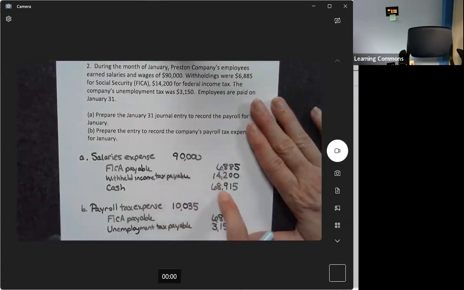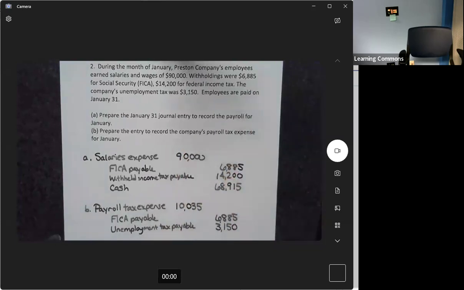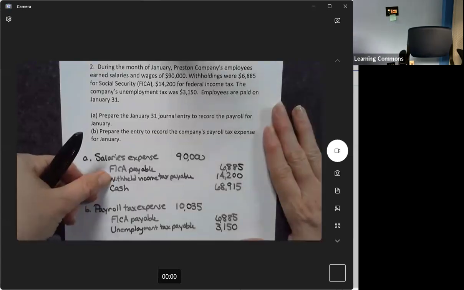Just they don't get to keep all $90,000. Remember, this is multiple employees, but still thinking of it that way, because these taxes that are withheld are the things the employee is paying out of their paycheck that the company has to pay on their behalf. So those FICA taxes and income taxes that are withheld create liabilities for the company.